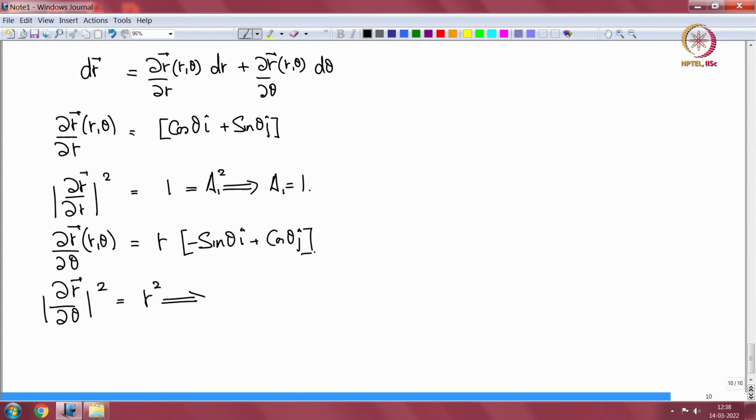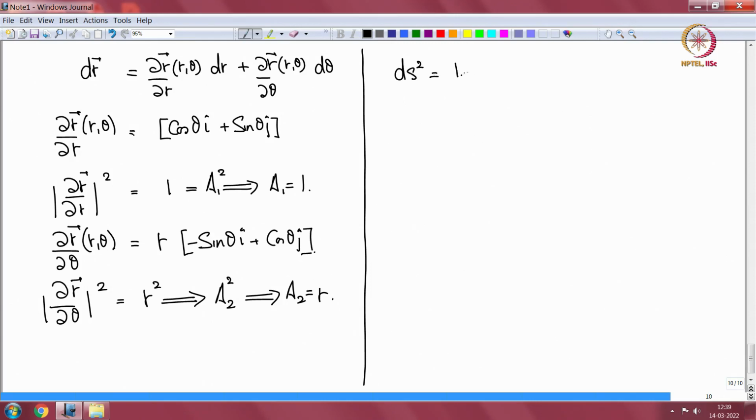That implies my a2 square is r square, which implies a2 is equal to r. So what is my first fundamental form? For a circular plate, ds square is equal to 1 dr square plus r square d theta square. So this is a1 square and this is a2 square.